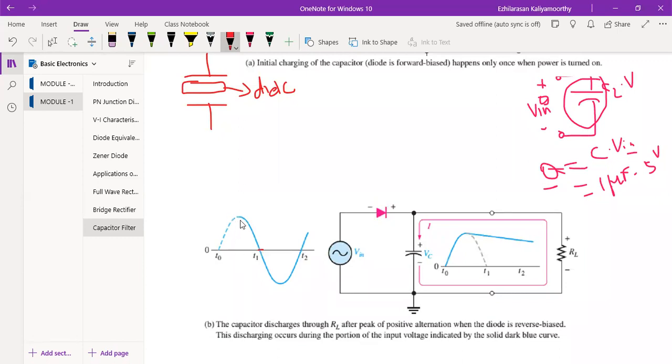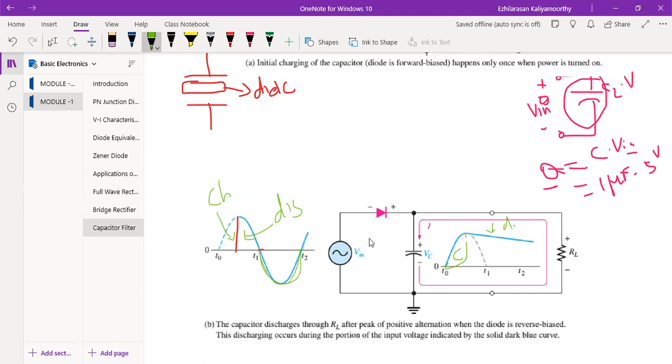So during this period it will be charging, and during this period it will be discharging. In this cycle, the data line showing T1, during that it will get discharged until it reaches this place.